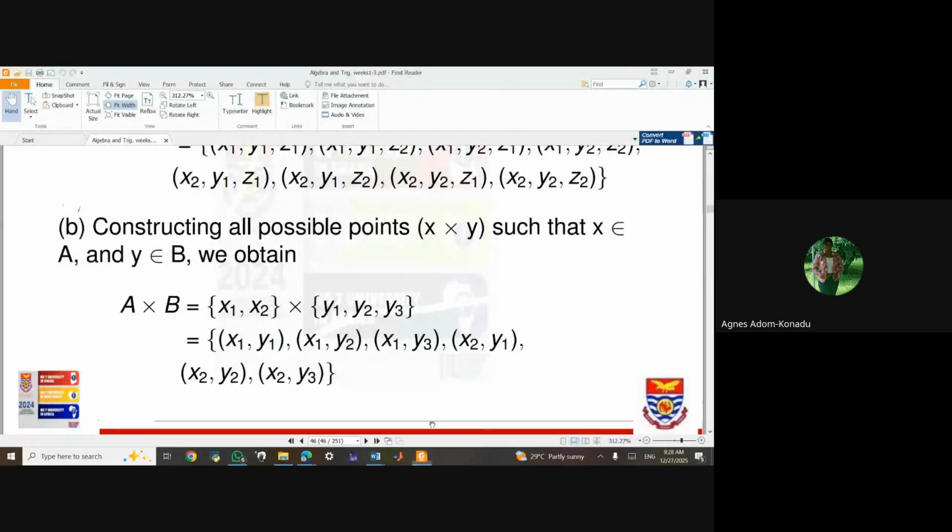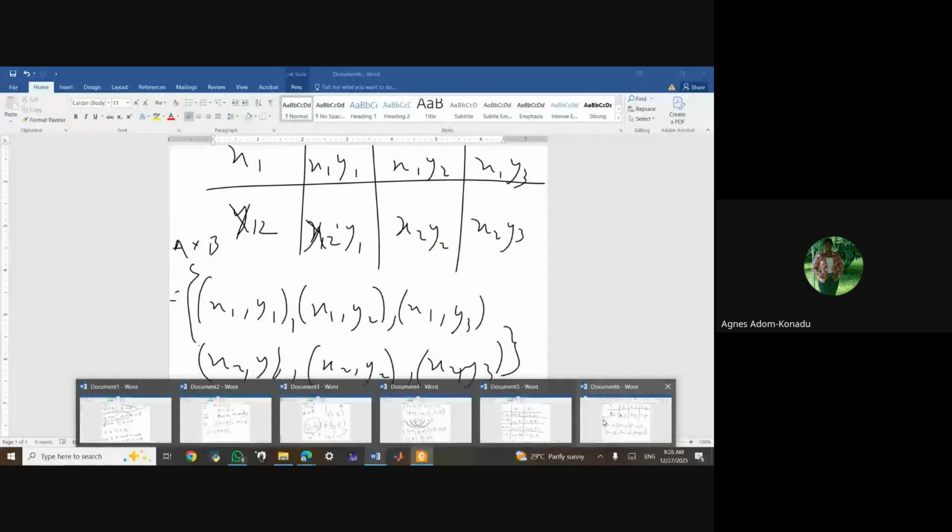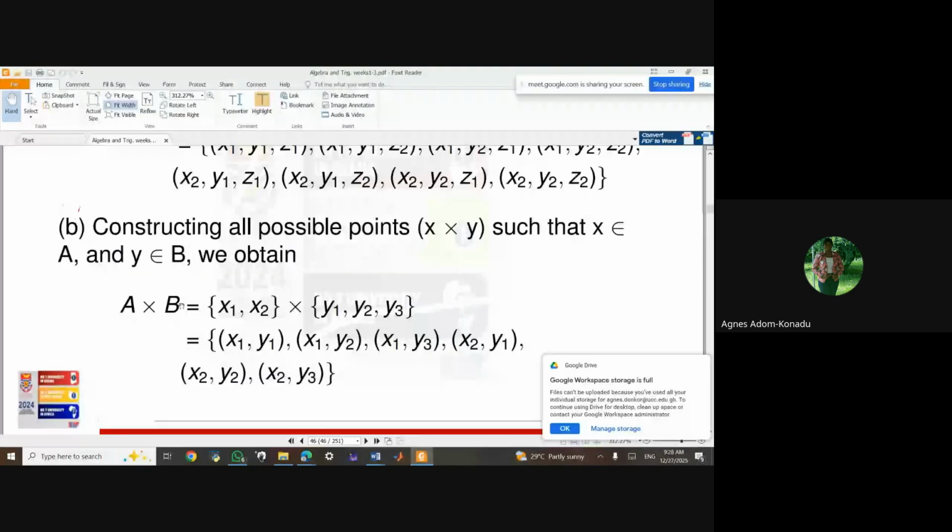So that's what we want. So you can do the table somewhere and then write one answer for me.